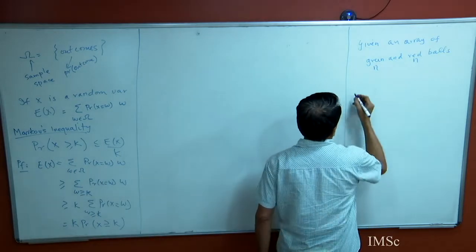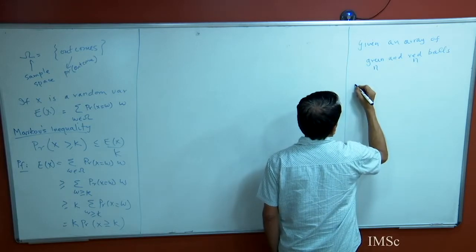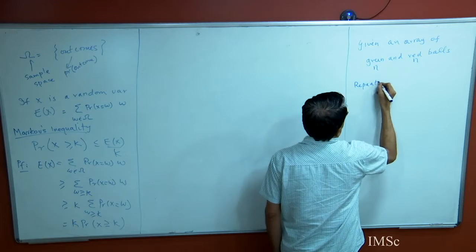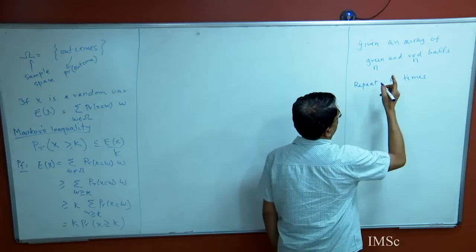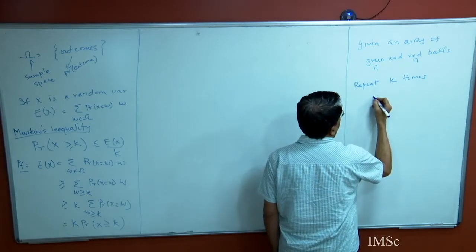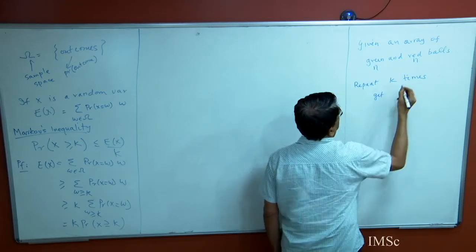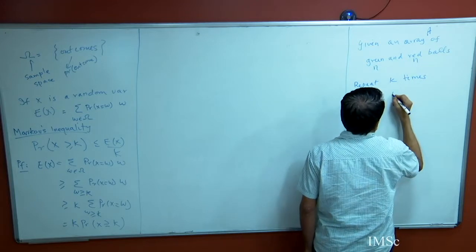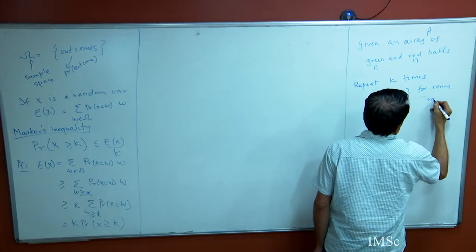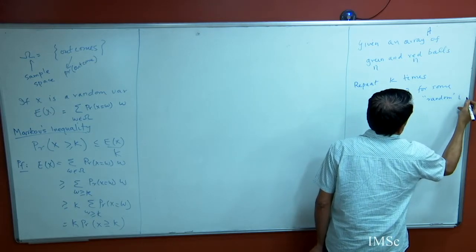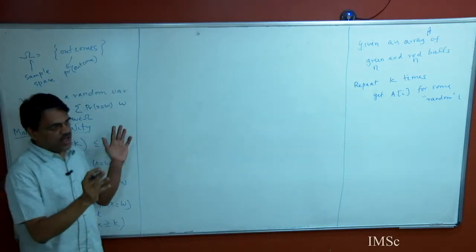And I do the following experiment. What is x? So repeat k times the following. Get a_i for some random i. So I have these green balls and red balls in my array.